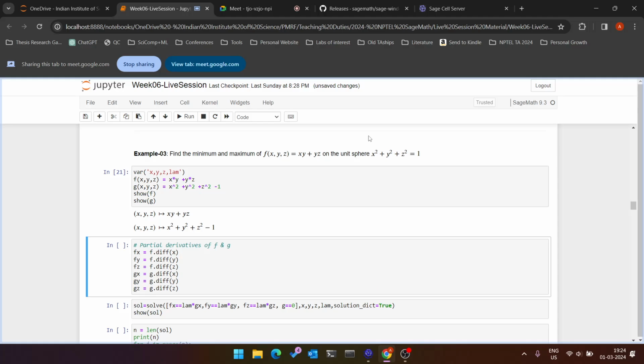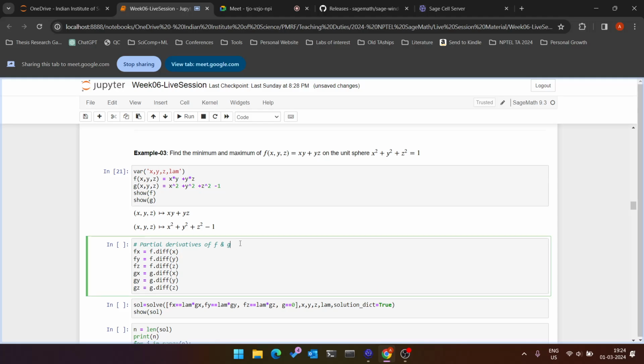Because g of xyz is essentially 0 in the case of an equality, we can move it around to the left-hand side and make this equality as 0. Once we take the partial derivative of the composite expression, we arrive at solutions for the extremum of function f with the constraint g.